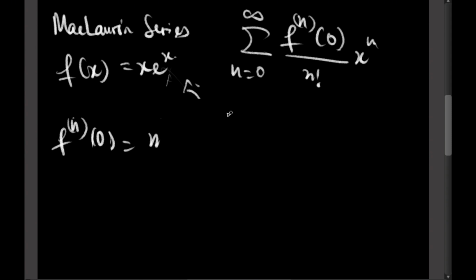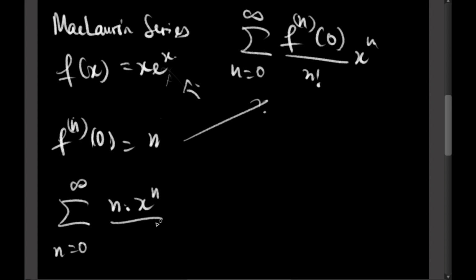So now we can just put that in here, and so the MacLaurin series is expressed like this, n, right, multiplied with x to the power of n. And now, n divided by n factorial is going to be 1 over the factorial of n minus 1, right?